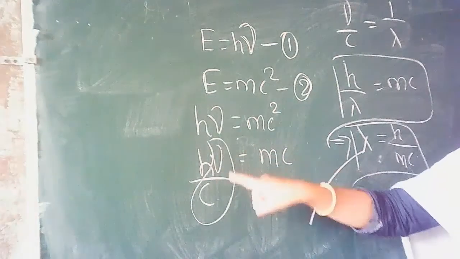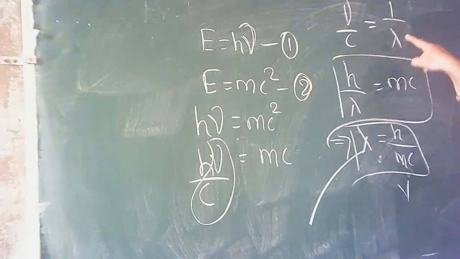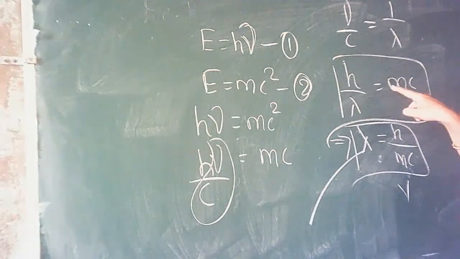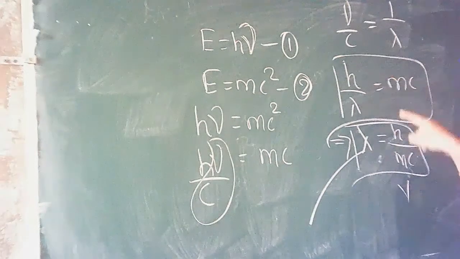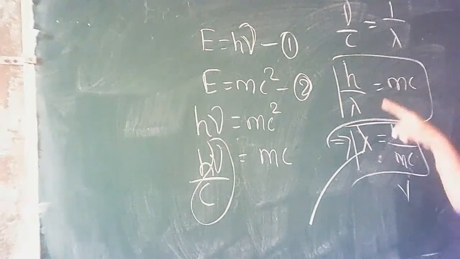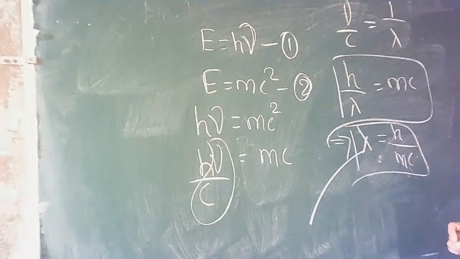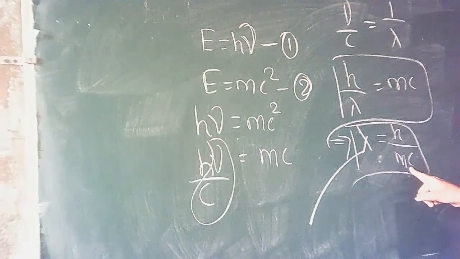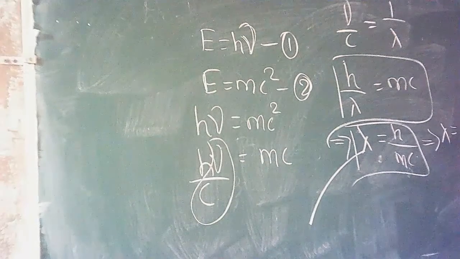Next you see, nu divided by c is nothing but what? 1 divided by lambda. Therefore h by lambda is equal to what? It is m into c. Therefore this entire term I can rearrange as lambda is equal to h divided by mc. Can anybody tell me, if I replace c by v, that is, if I write it as lambda is equal to what?